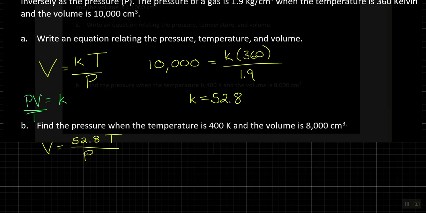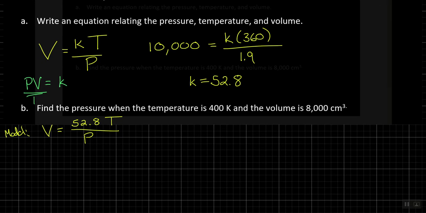All right, so we're trying to find the volume when what is true. Here's our model. That's our good model. And let's predict now. We're trying to find what? The pressure. Decision time. Do you want to rearrange and then plug in, or plug in and then rearrange? Do you know what I'm asking and understand the difference?